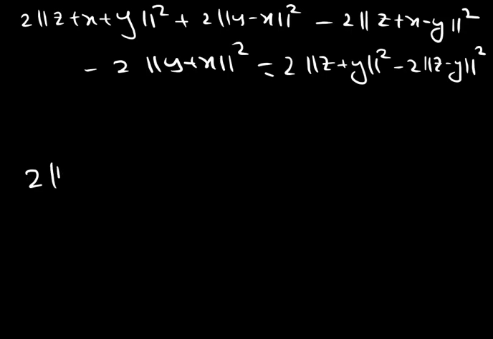So 2 times norm of z plus x plus y whole square. So we can just divide by 2, or rather 4. So what do we get?